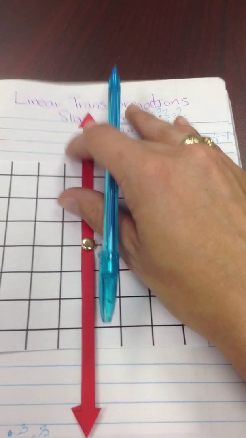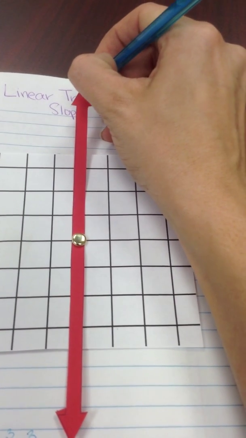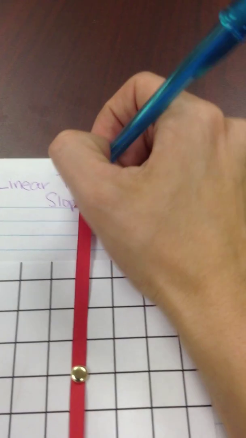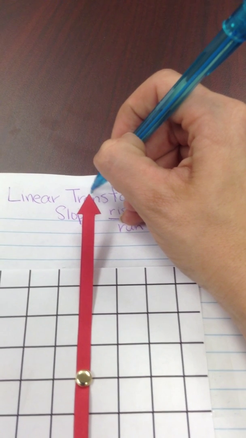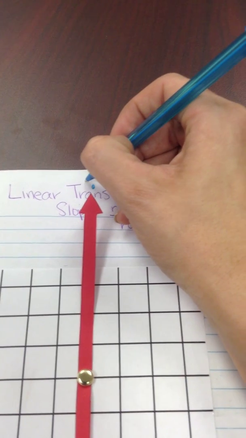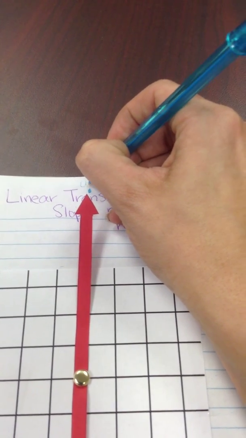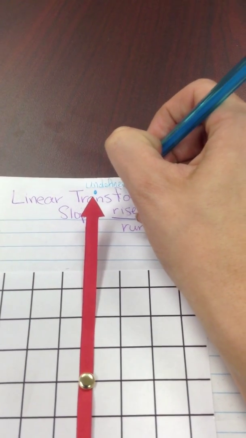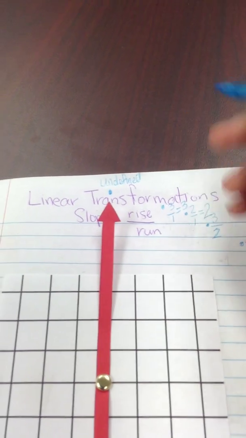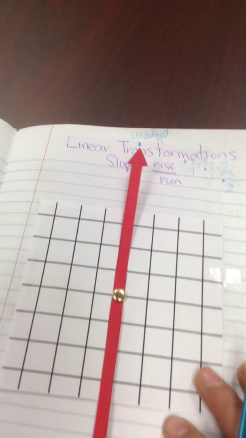That would look like the fraction 1 divided by 0. Can you have 1 and divide it into 0 parts? No, that is impossible. We call that undefined. If you have a vertical line, it is an undefined line.